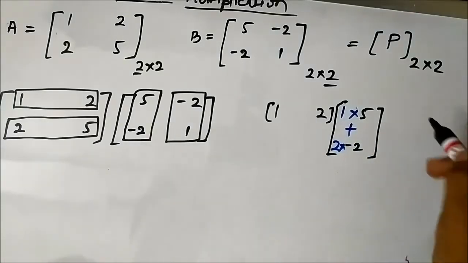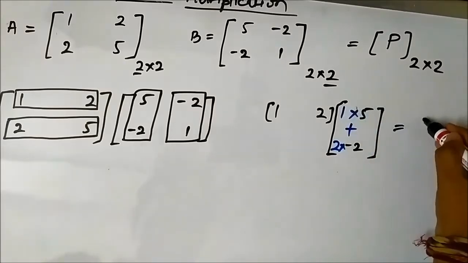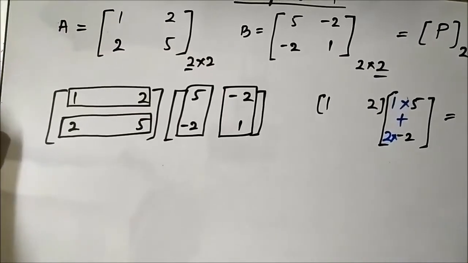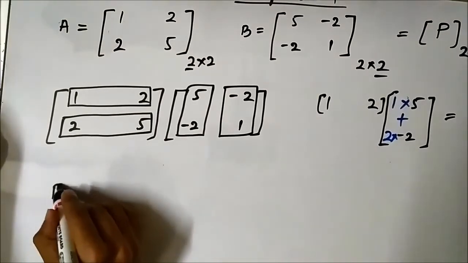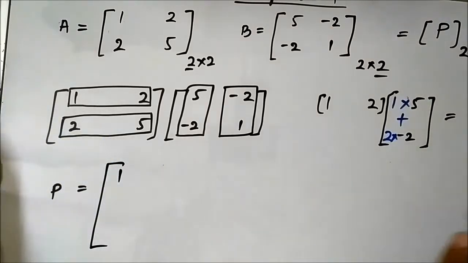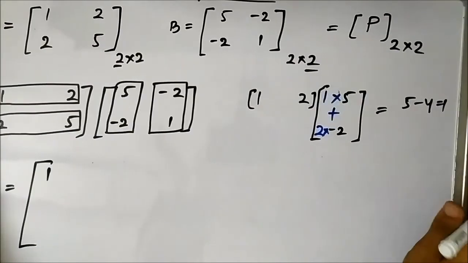It gives us 5 minus 4, which is equal to 1. So this gives us the first element of the product matrix, which is 1.